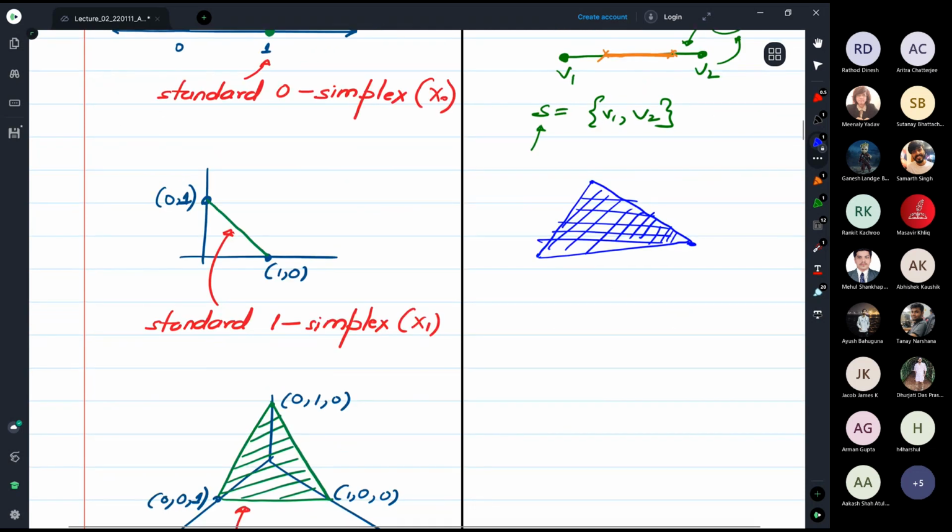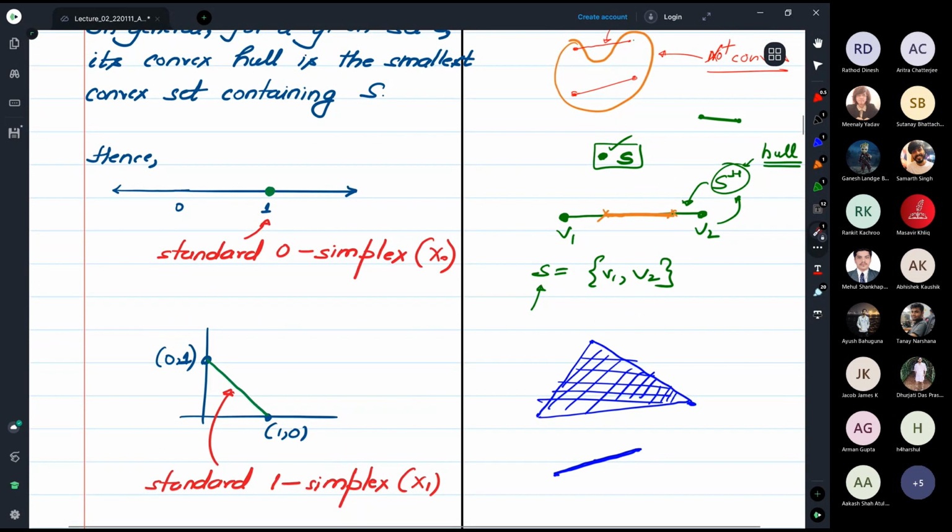But nevertheless, let me talk about a special case. Let's say there are 3 points which are collinear. Then the convex hull will just be the line joining them. So it depends on the position of the points how the convex hull will eventually look.